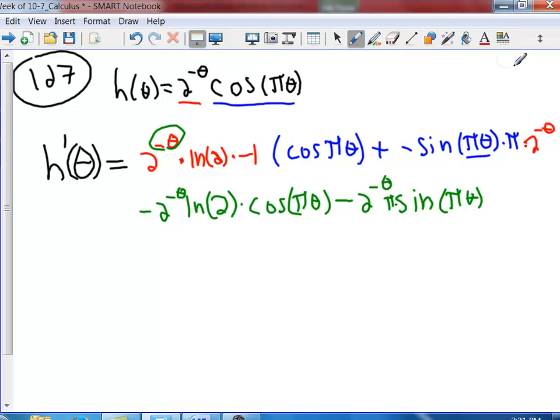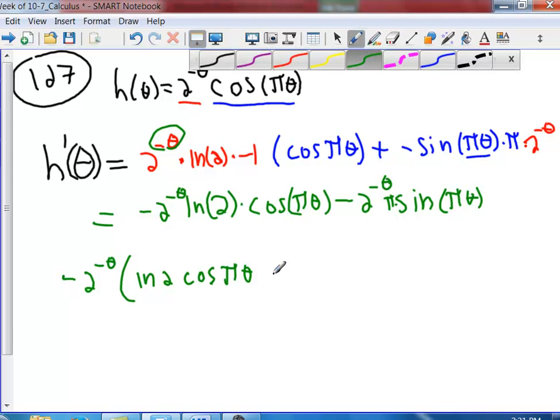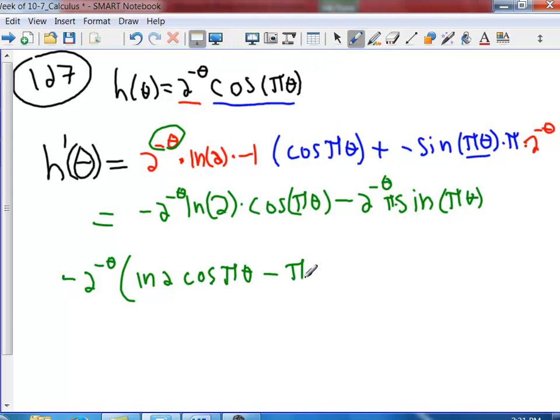If I was the back of the book, I can only imagine that they are going to take out this negative 2 to the negative theta, and they're going to make it now ln of 2 cosine of pi theta. I'm skipping my parentheses here. And then second term minus pi sine of pi theta.